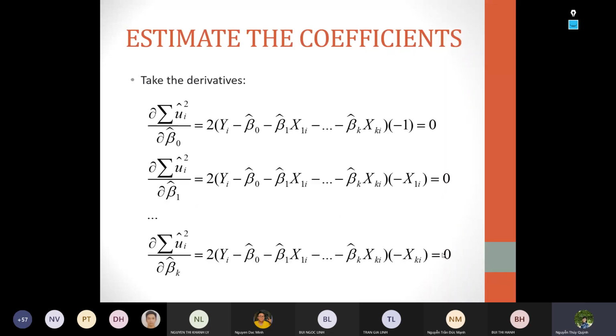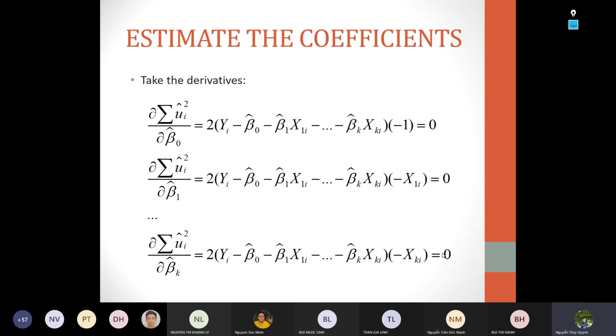We will have a set of equations with k plus 1 equations and k plus 1 roots. Because the number of equations is equal to the number of roots, we can solve for this set of equations.